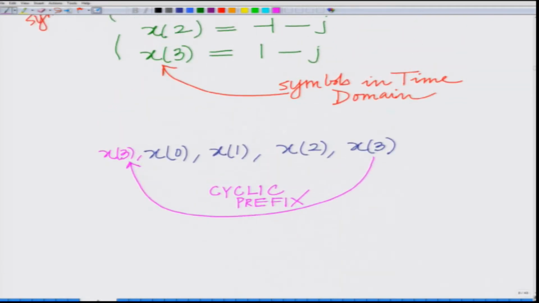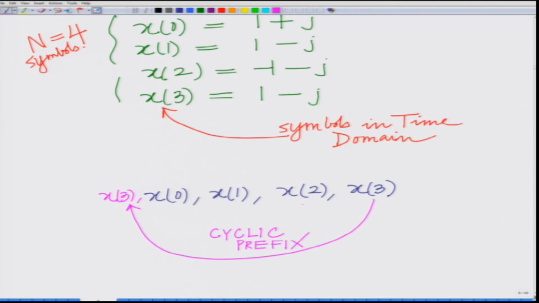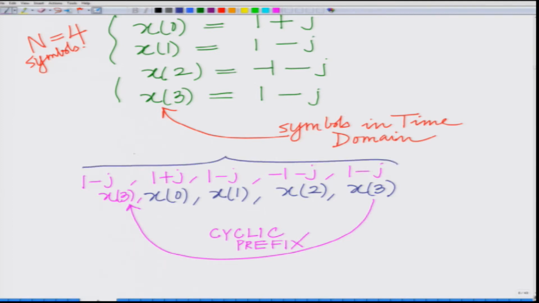So, you take the block of symbols and add the cyclic prefix. Therefore, the transmitted symbols are x3 equals 1 minus j, x0 equals 1 plus j, x1 equals 1 minus j, x2 equals minus 1 minus j, and x3 is again equal to 1 minus j.